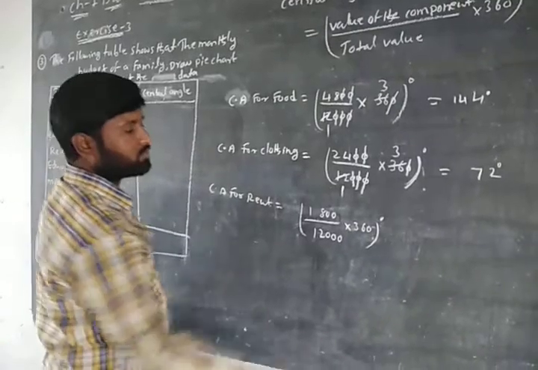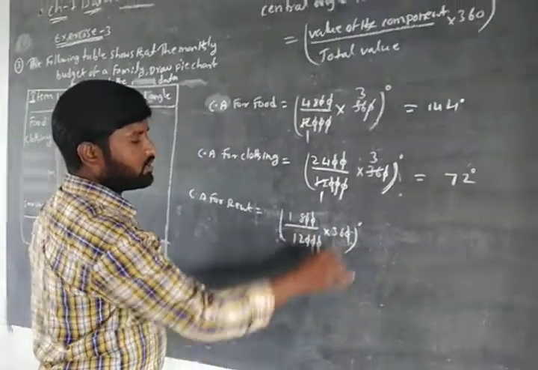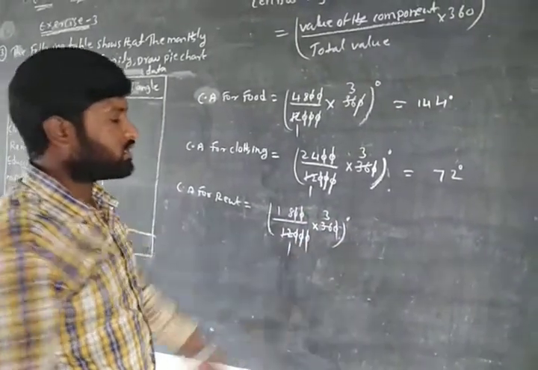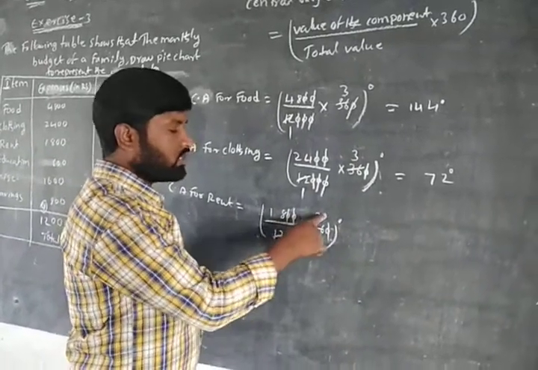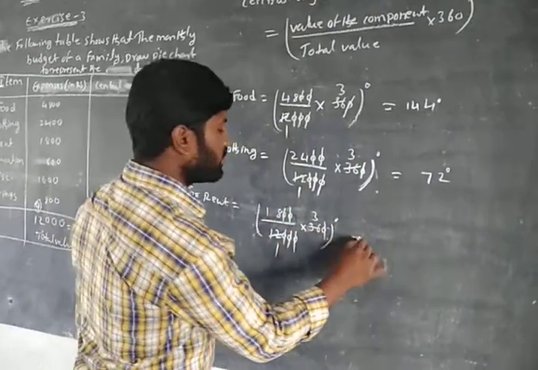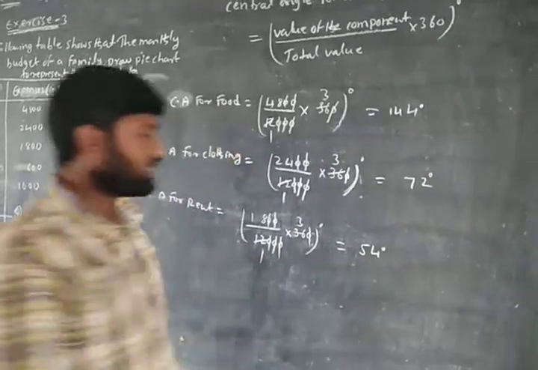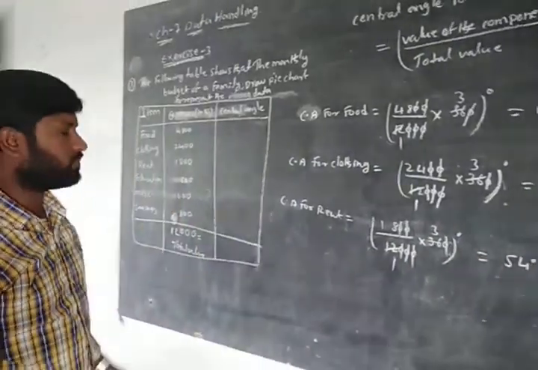The zeros cancel. 12 ones are 12, 12 threes are 36. Again 18 into 3: 3 8s are 24, 3 1s are 3 plus 2 is 5, that is 54. So the central angle for rent is 54 degrees.